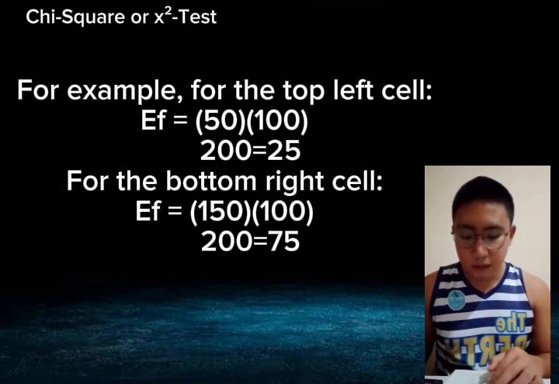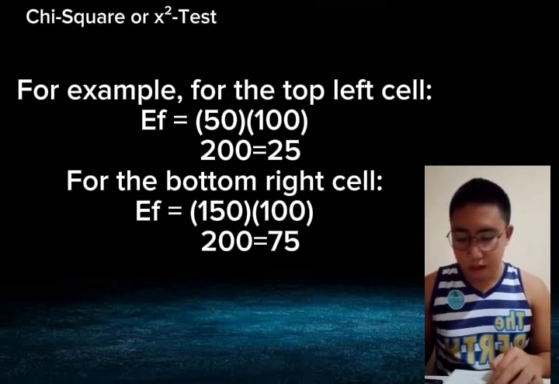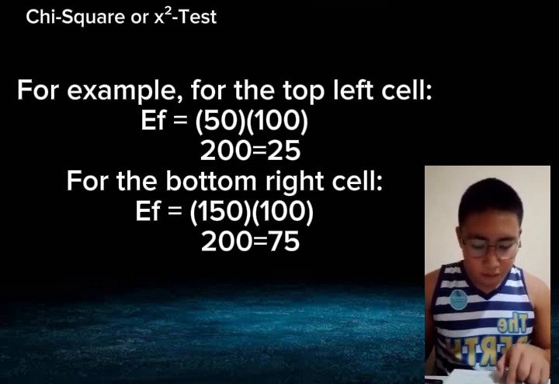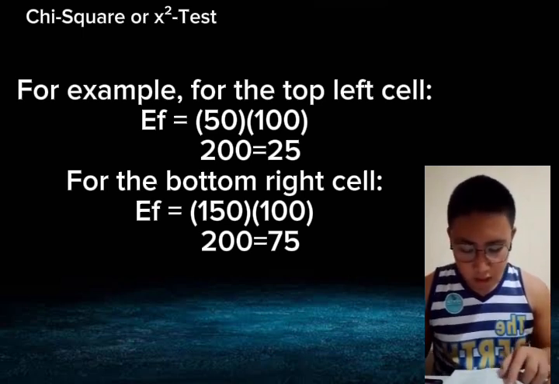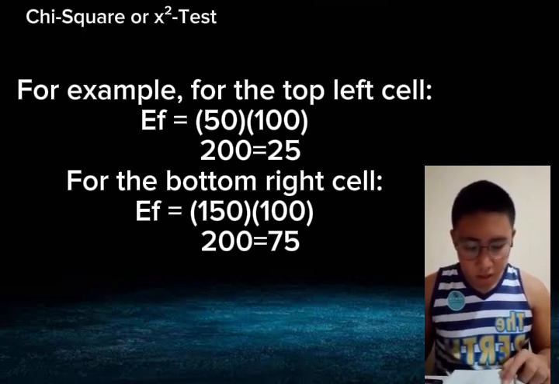Now the expected frequency in the bottom right cell will be 150, here in table 12, times 100 divided by 200, which equals 75.